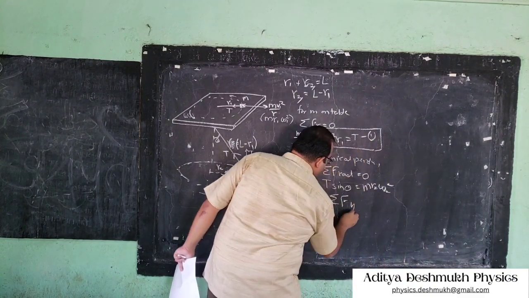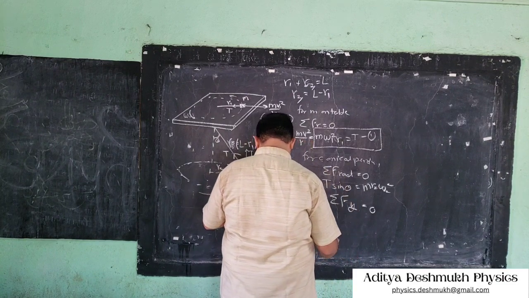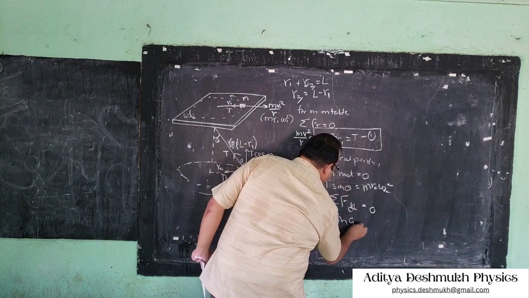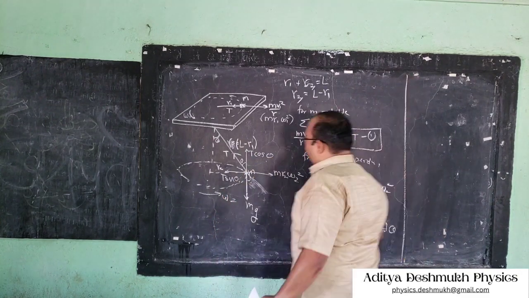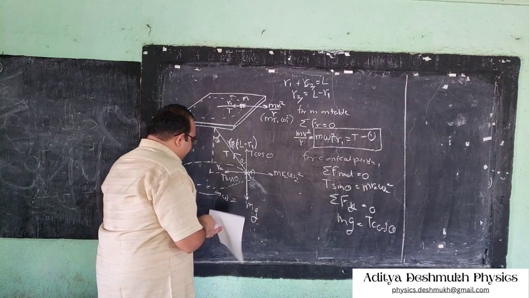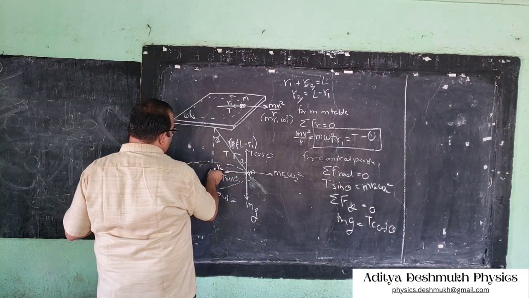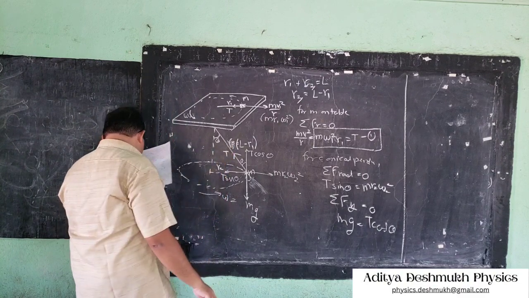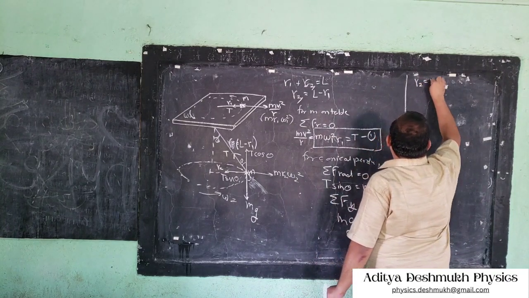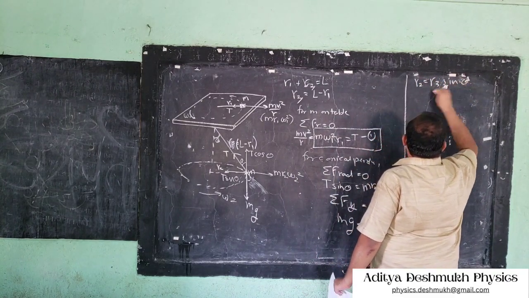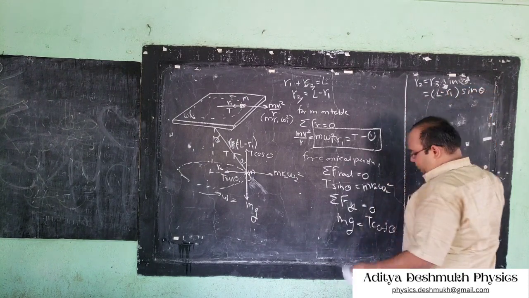Summation of Fy will be equal to 0, so mg will be equal to T cos theta. From this triangle, I can say that R2 will be equal to R3 sin theta, which will be equal to (L minus R1) sin theta.